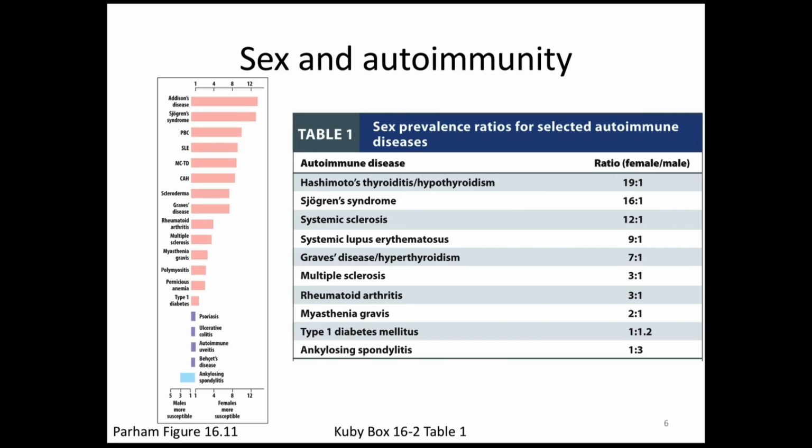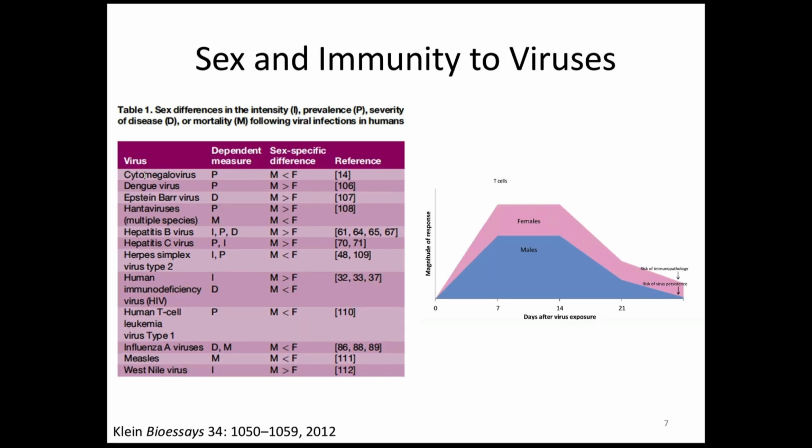We also know that there are general differences in immune systems between men and women. This is showing immunity to viruses because, hi, look who you're talking to. I like viruses, but you can see this throughout a lot of aspects of immune responses.